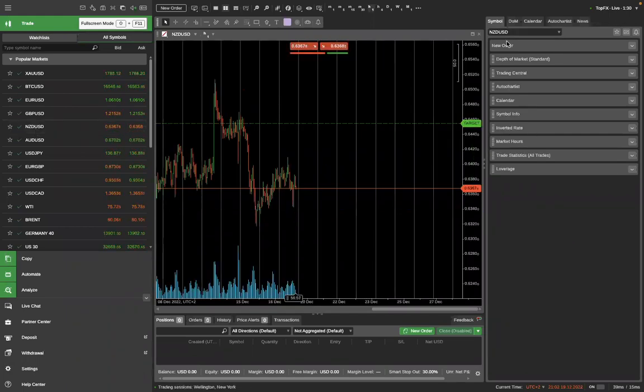You got this right hand panel here, which is called the active symbol panel, and this panel here at the very end has the leverage module.